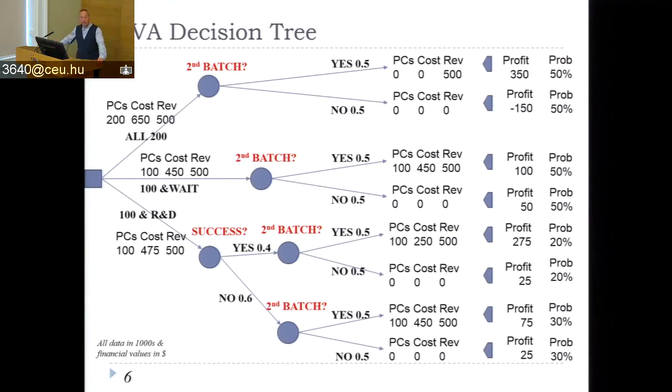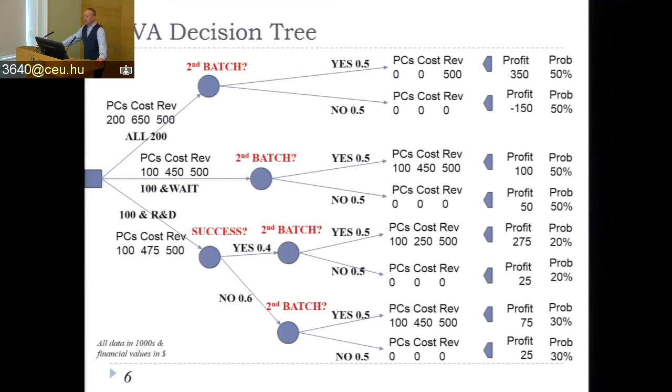And this is where we come to the value that is very commonly referred to, and it's easy to misunderstand: the expected value. What is the expected value on our first decision route of manufacturing all 200,000? We get the expected value by multiplying the corresponding probabilities and the values.